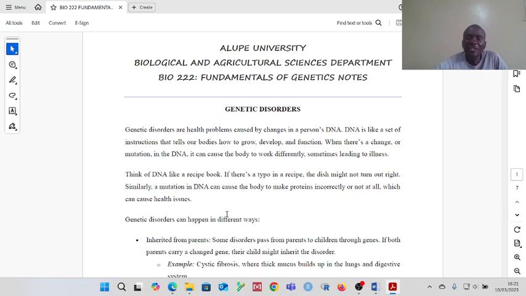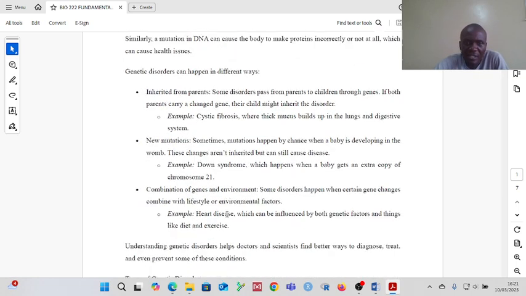So genetic disorders can happen in different ways. They can occur when they're inherited from parents. So if you have disorders which are being passed down from parents to children through the genes that the children are inheriting, then that indicates a way in which such disorders are occurring within the population.